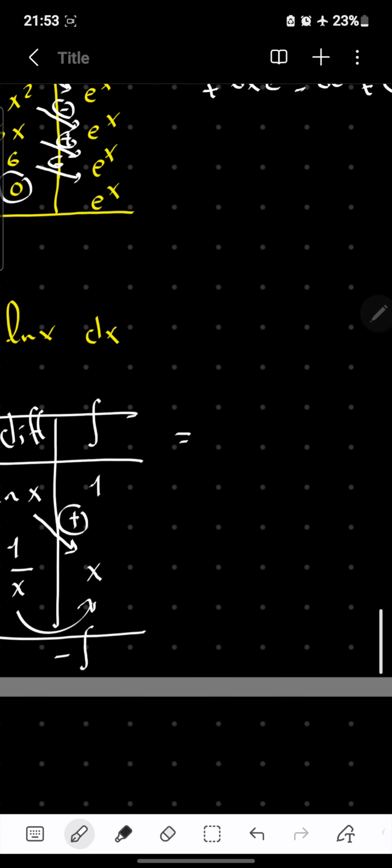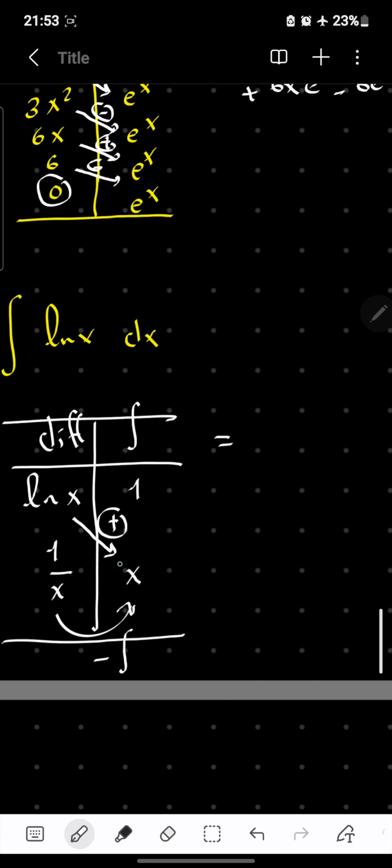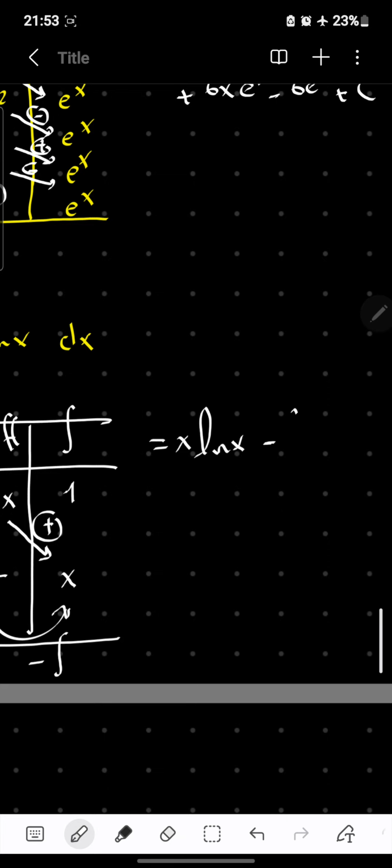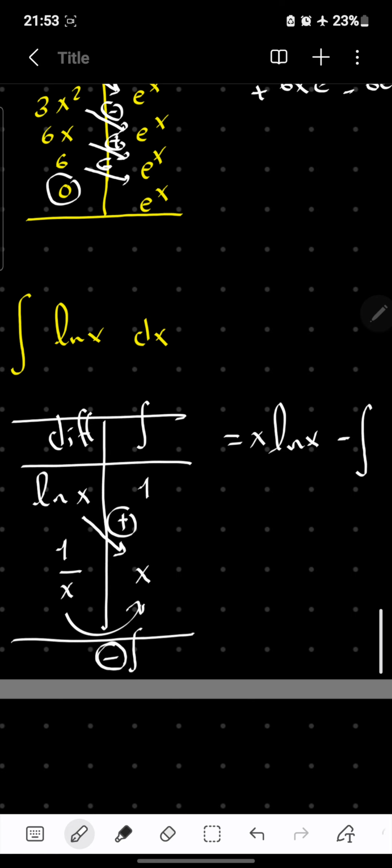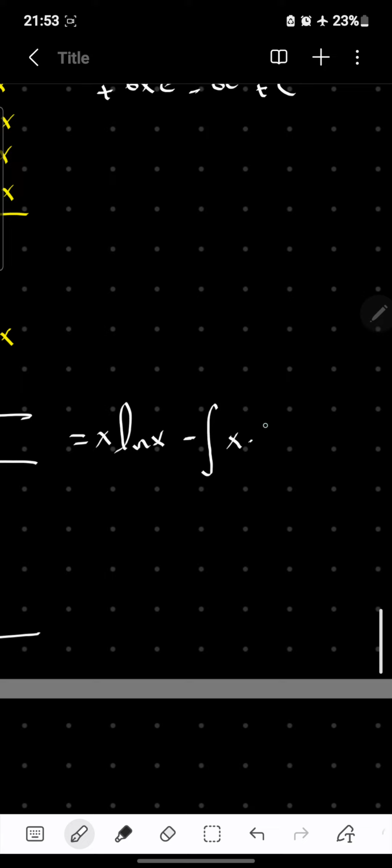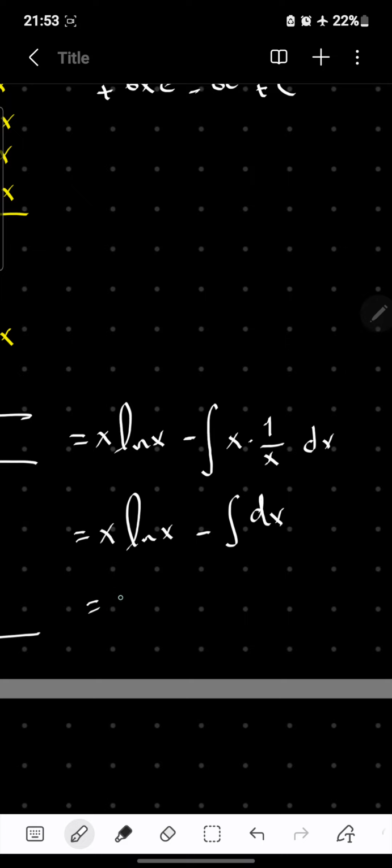So it will be x times ln x minus integral, minus because the next sign is minus, and we multiply x by 1 over x, and we integrate this. So it's x ln x minus integral of 1 dx, which is x ln x minus x plus c.